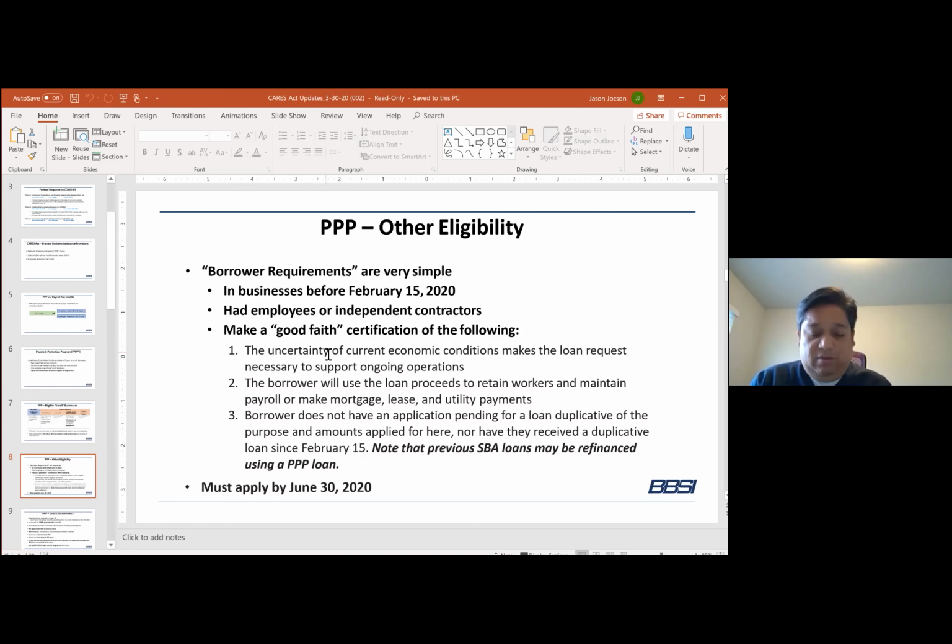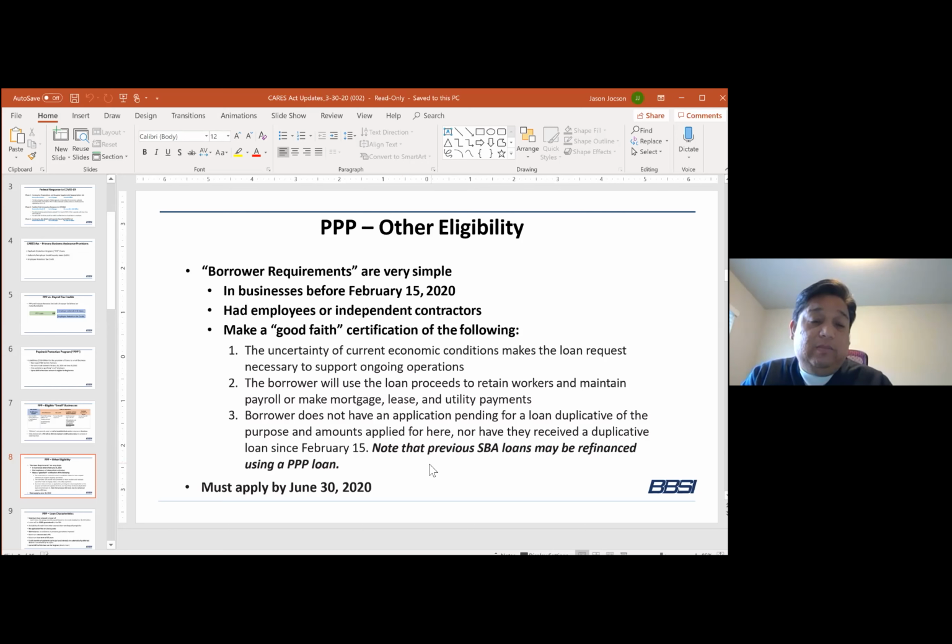If I could add a quick clarification, something I heard that was very helpful is that if you were eligible for an SBA loan in the past, you generally are probably eligible for this. And even some companies that were not eligible for SBA loans, you should check, because you might be, since they've expanded that a little bit. That is correct.